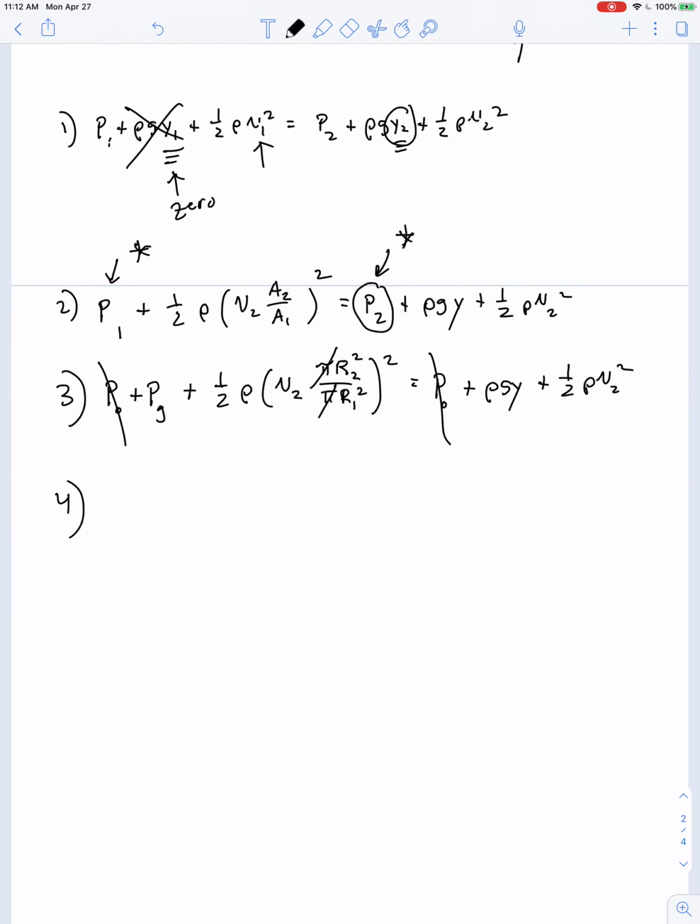So in step 4, we have gauge pressure plus 1/2 rho V2, V2 gets squared, and so does the ratio of R2 over R1 squared. So we actually get the ratio of R2 over R1 to the 4th, and then that equals rho gy plus 1/2 rho V2 squared.